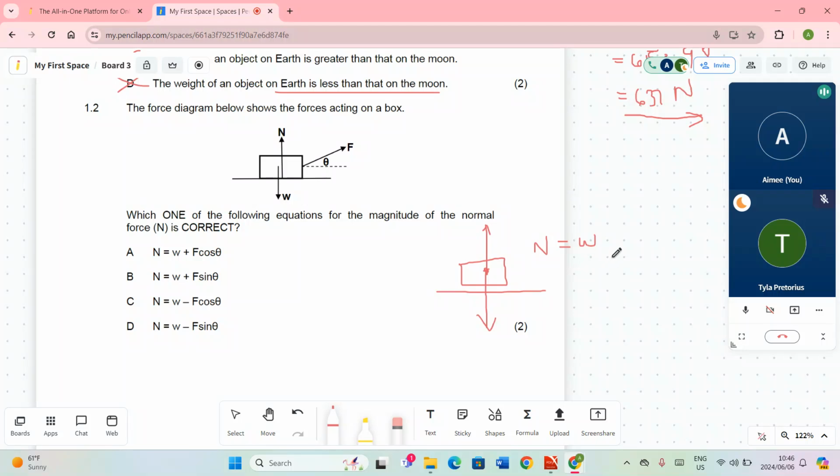Okay? But as soon as you see some force applied at an angle, if this applied force was just straight, as in on the horizontal plane, it would be the same. So it would be normal force is equal to weight, even if you had a horizontal applied force.